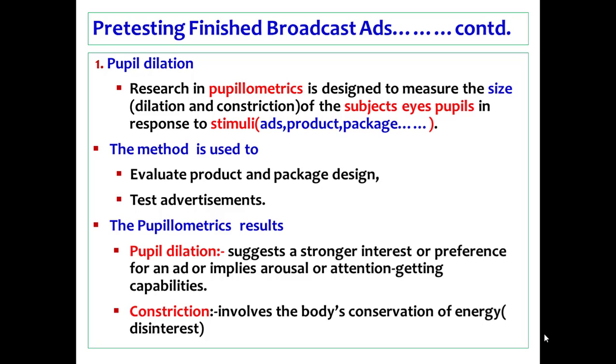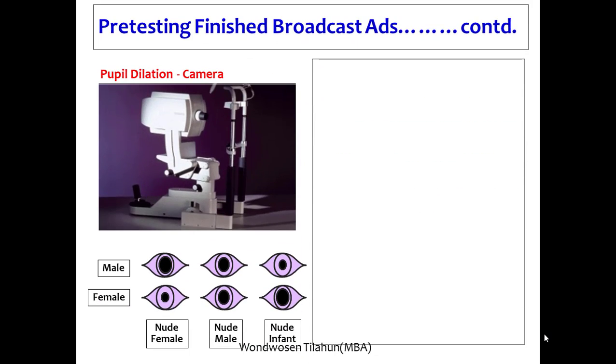If pupil dilation is measured in the devices, the customers might have a stronger interest and preference for the advertisement. And if their pupils are in the constriction stage, they are disinterested in the advertisement. For example, they use these kinds of technologies.